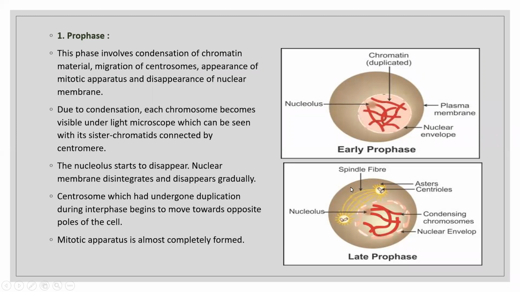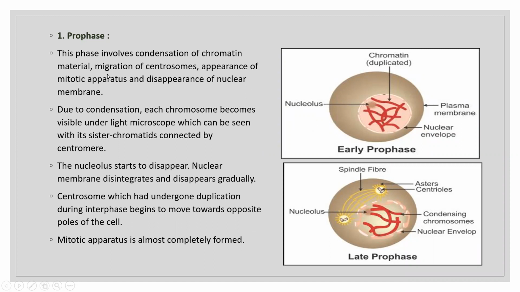Now here is the cell. This is the cytoplasm of the cell, and this is the nucleus of the cell. Now prophase is divided into early prophase and late prophase. Now what happens in early prophase?